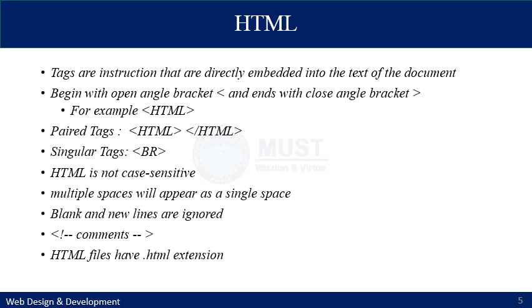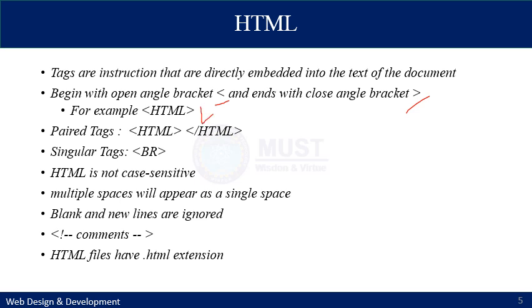So HTML consists of tags that instruct what is embedded in the text of the document. Usually HTML tags are marked with less than and greater than signs. For example, you can write an HTML tag using this symbol.